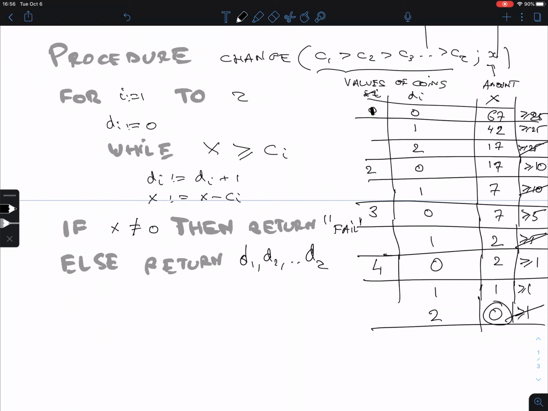Now, is this the optimal solution? I'm not going to discuss this in too much detail, but if you think about it, how can it happen, for instance, in the case of the nickels here? You see, the amount, when I start looking at nickels, has to be less than 10, because otherwise I could use a dime, and it has to be at least 5, right?